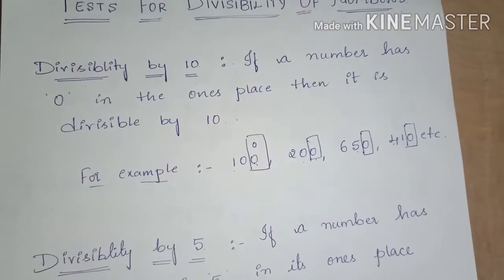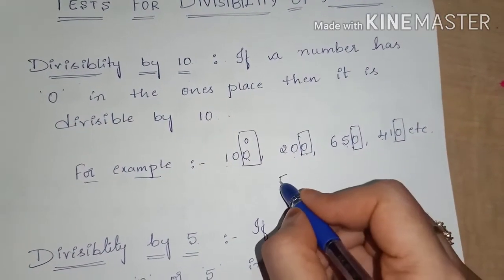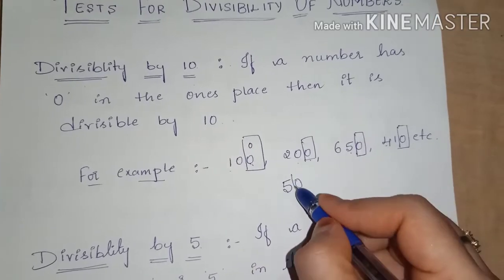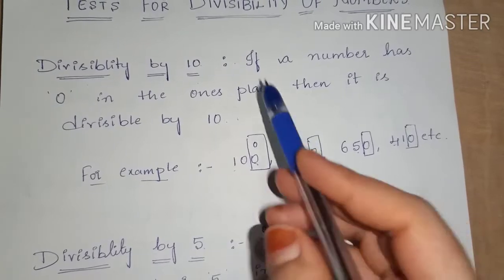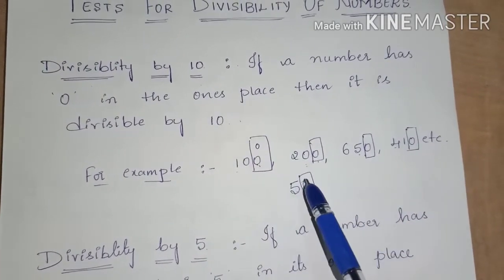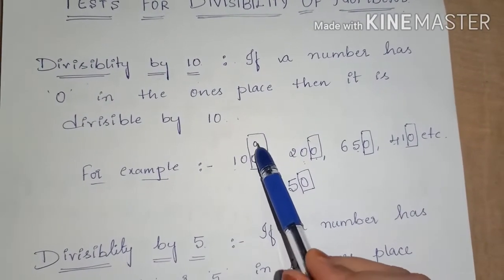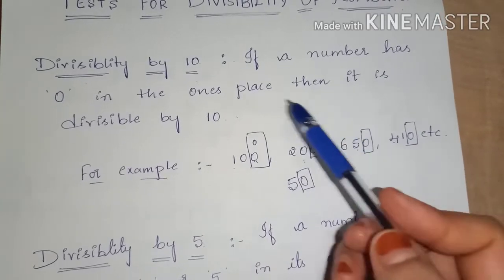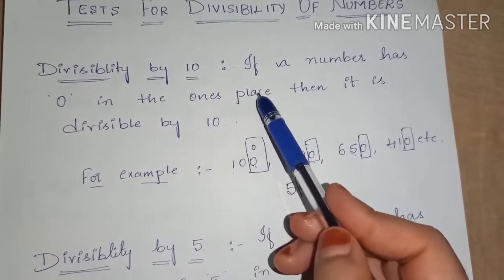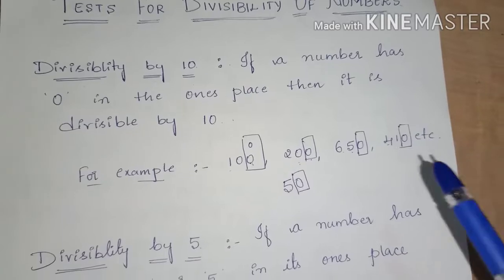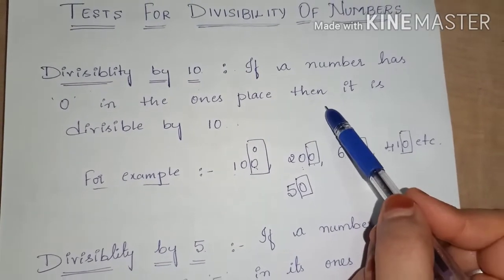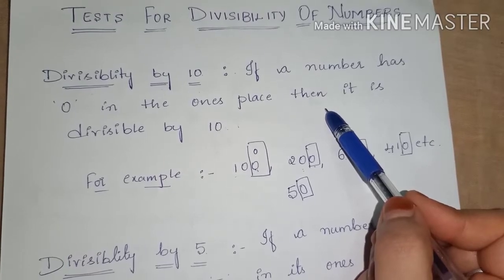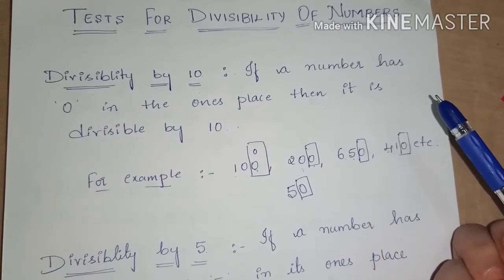You can take any other example, for example, 50. The ones place is 0. All these numbers are divisible by 10 because they have 0 in the ones place. So divisibility by 10 says that any number which has 0 in its ones place is divisible by 10. Is it clear, students? Let us move to the next.